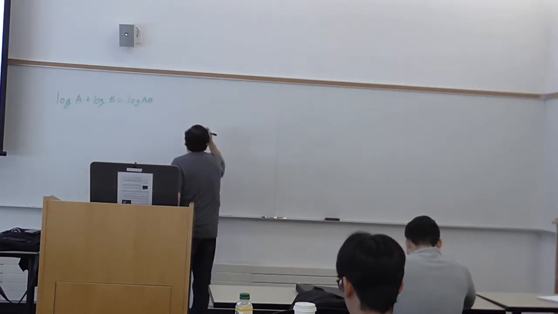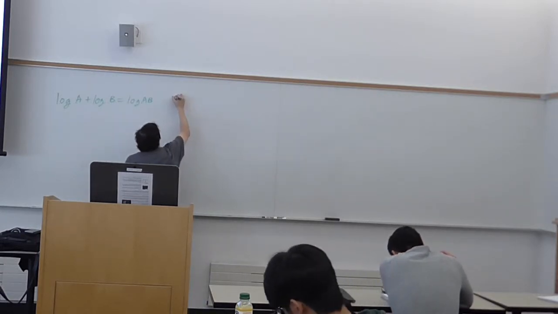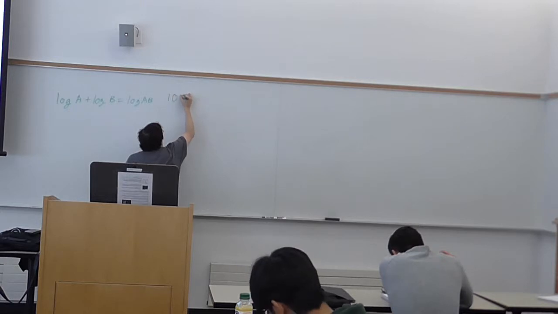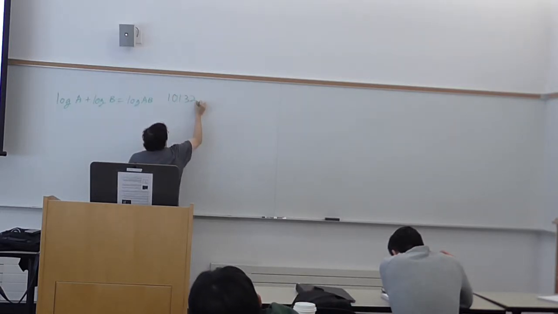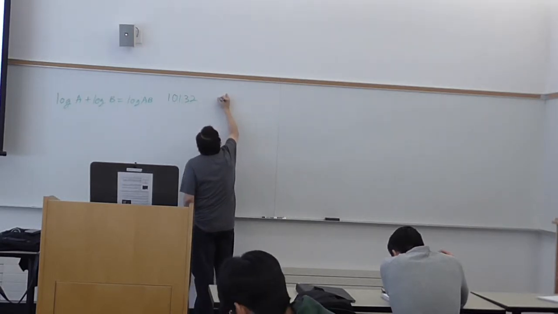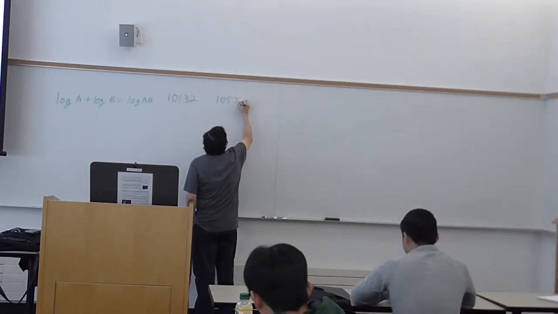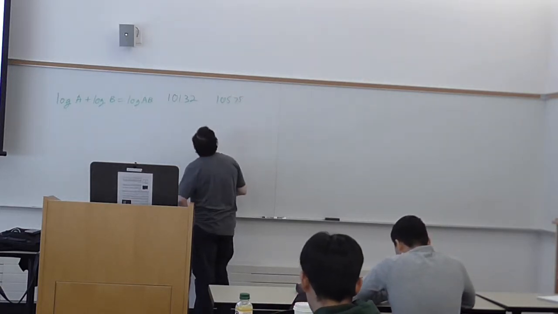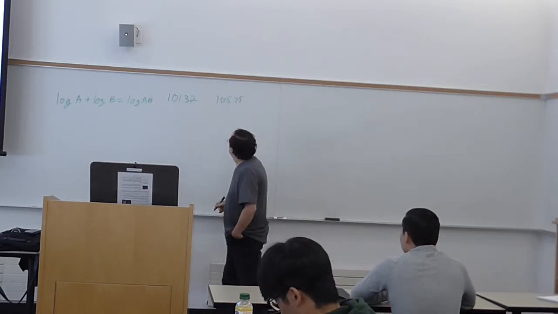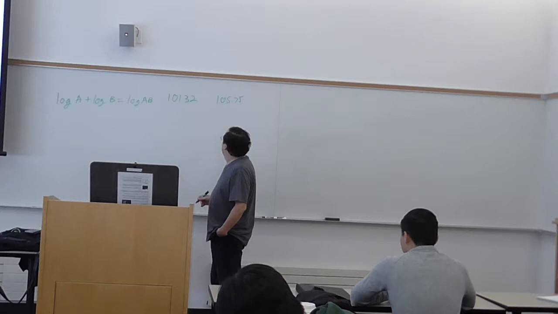Let's say I wanted to multiply a number, say 101.32 and 105.75.